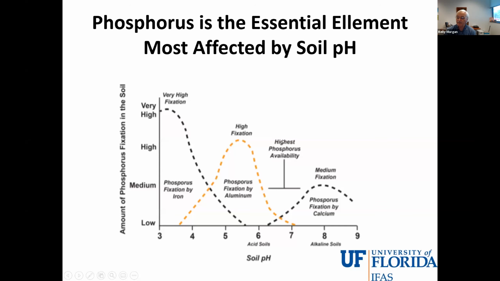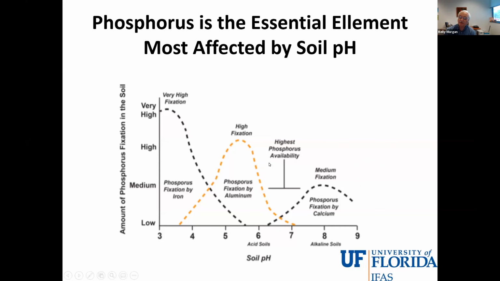So if you apply phosphorus in your fertilizer to a soil that's at a pH of approximately 6.5, it will stay in solution much longer than if your pH is more acid or more alkaline than 6.5.